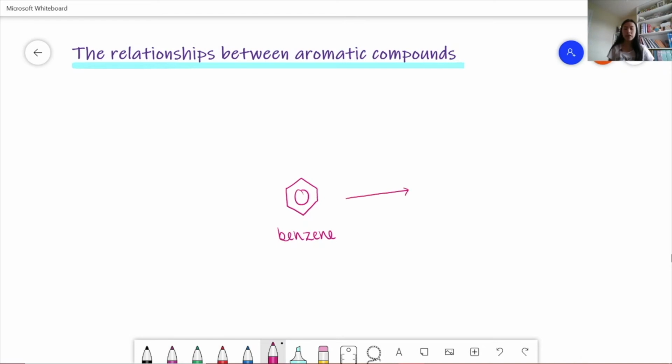If we go through bromination, we'll form benzene with a bromine attached, and this is bromobenzene. And then we can also go through chlorination, and this will form chlorobenzene.